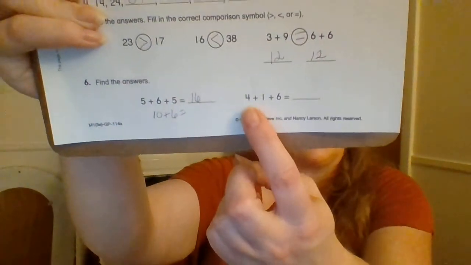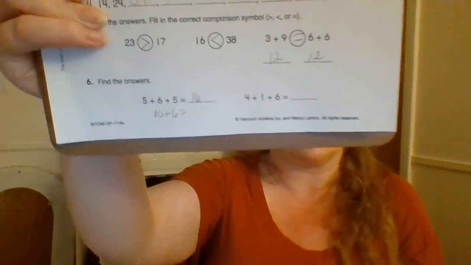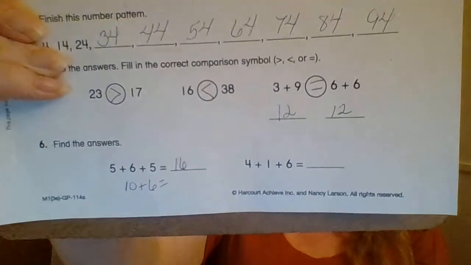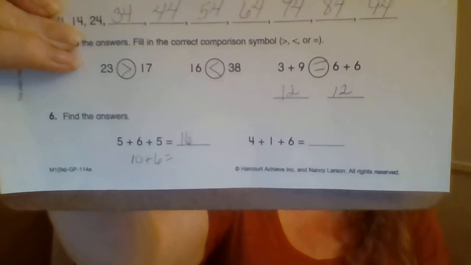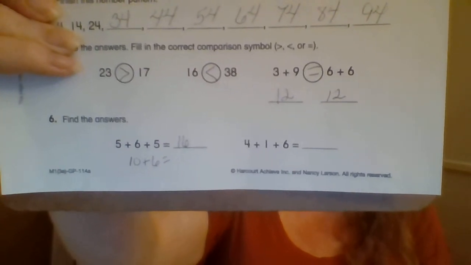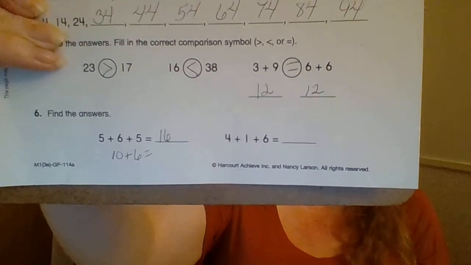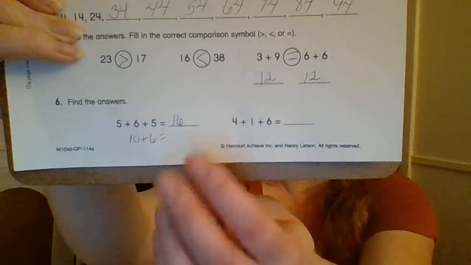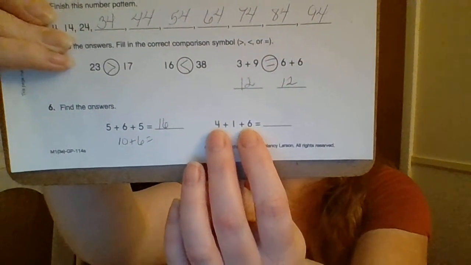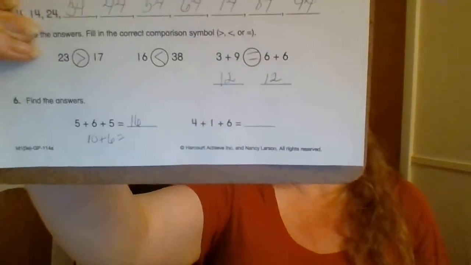All right, so the next one is 4 plus 1 plus 6. All right, so I'm going to look at that. And I'm going to see, is there anything I recognize? Are there any numbers that when I put them together will be something that I know how to work with? Okay, hopefully you guys see that 4 and the 6, because 4 plus 6 is 10. Okay, we know those sums of 10 make everything easier.